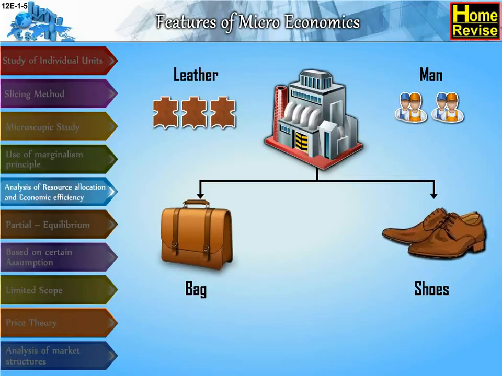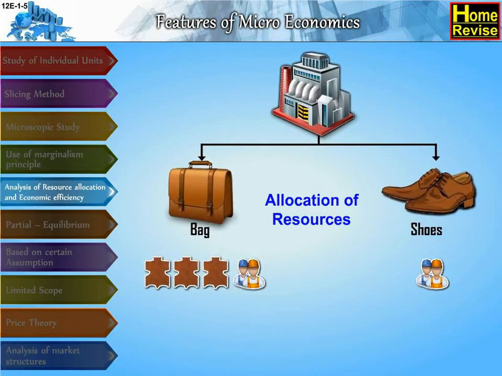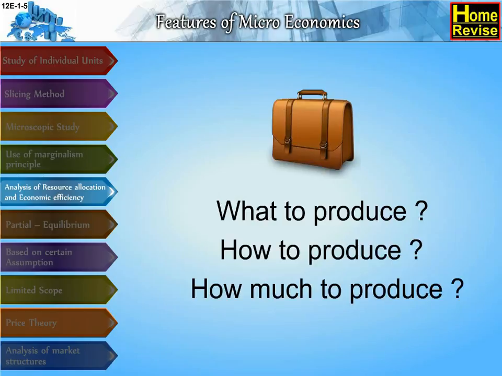But analyzing its more requirement for production of bags, more leather will be allocated for bag production than for shoes. Similarly, microeconomics analyzes how the scarce resources are allocated efficiently among competing groups. Allocation of resources involves what to produce, how to produce, and how much to produce, etc.